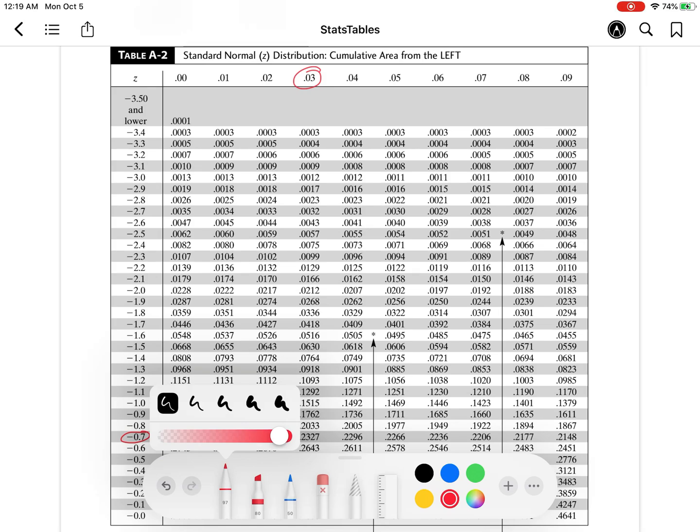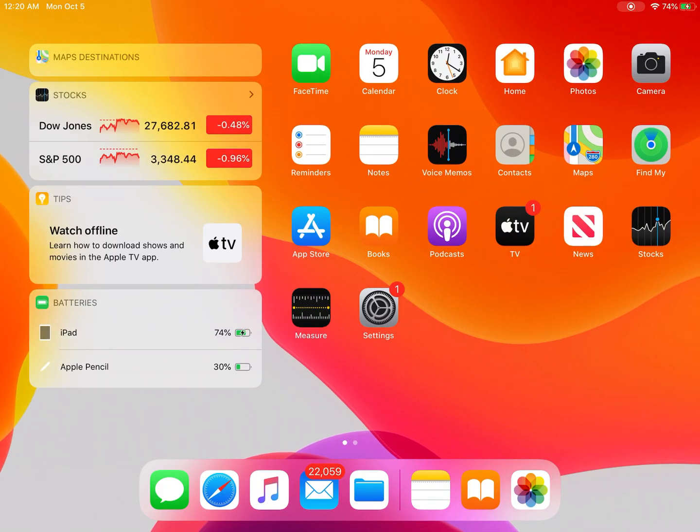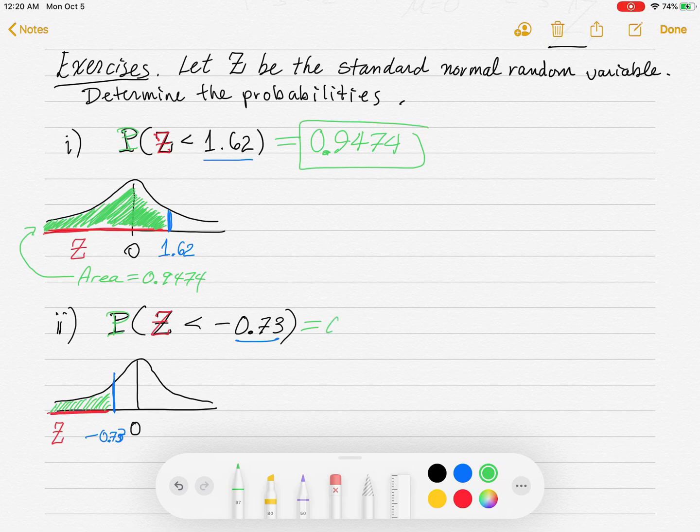Let's see if this works. Okay, so I'm going to go down here. I'm going to go right here. So I looked up negative 0.73 in my table, and this number is going to be the area to the left of that z-score, negative 0.73.